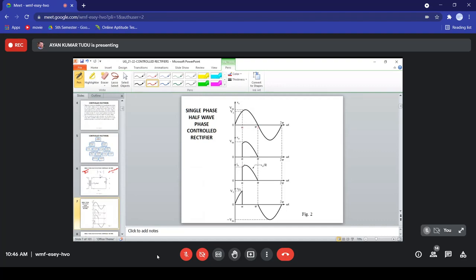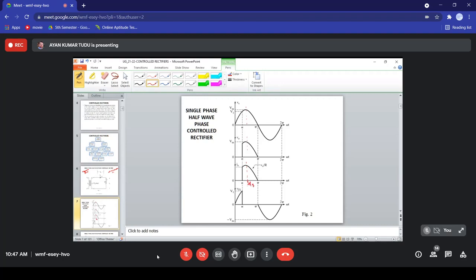The load current will increase as the input supply voltage increases. The maximum load current will occur at, as we can understand from the figure, omega t equal to pi by 2.